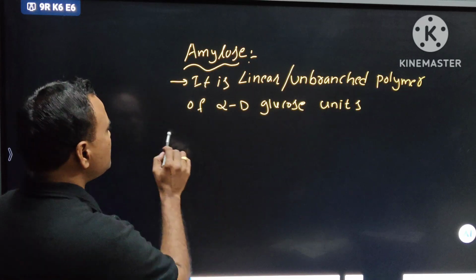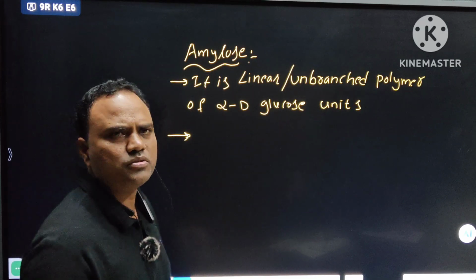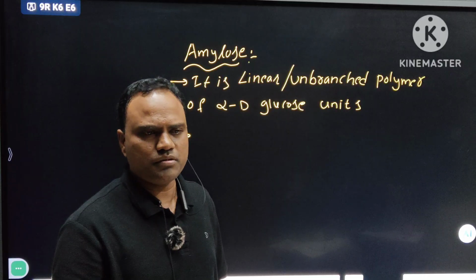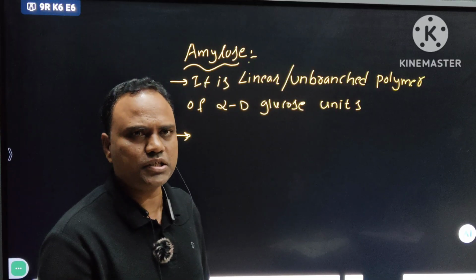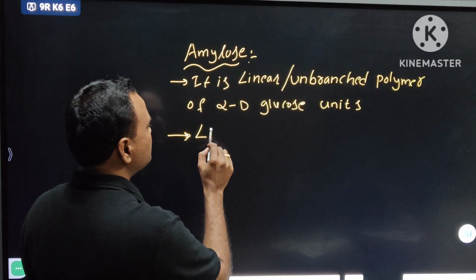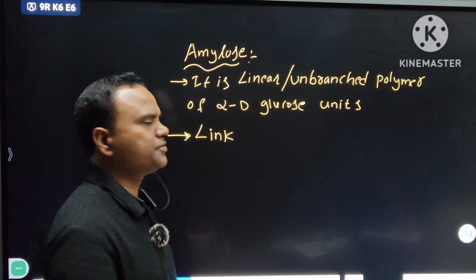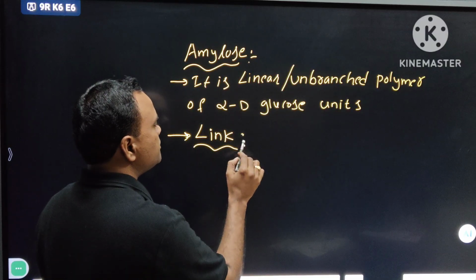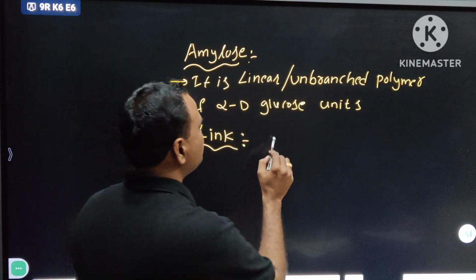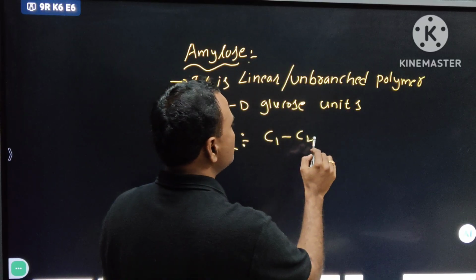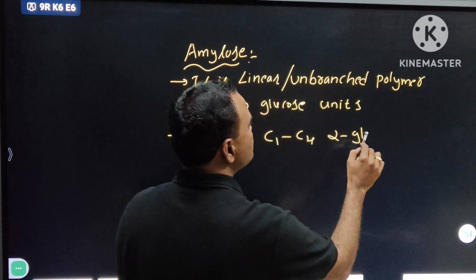Right? Links, you know, in the last exam also links came. According to our discussion, links came. So here also the link between two glucose units. Link means between two glucose units: C1-C4 alpha glycosidic link.